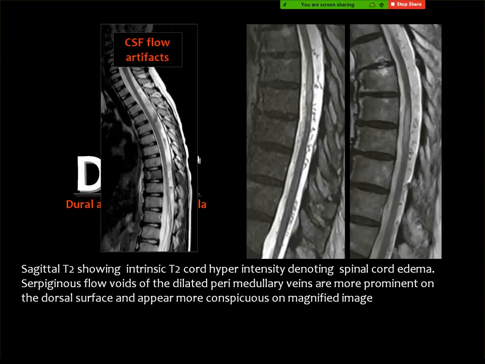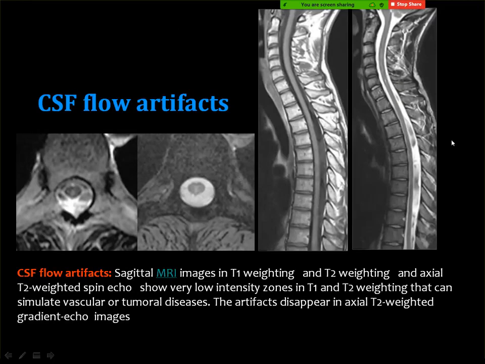Then we have to differentiate this from the very commonly seen artifacts in the subdural space secondary to CSF vibration artifacts. And many times, especially in children, where the subdural space is wide, you got vibration artifacts within the subdural space. They are quite different from the vascular lesion. The artifacts are relatively bulky, and they are not signal void.